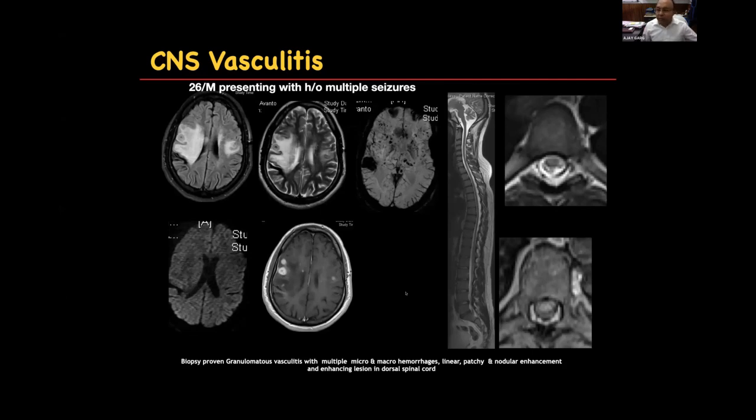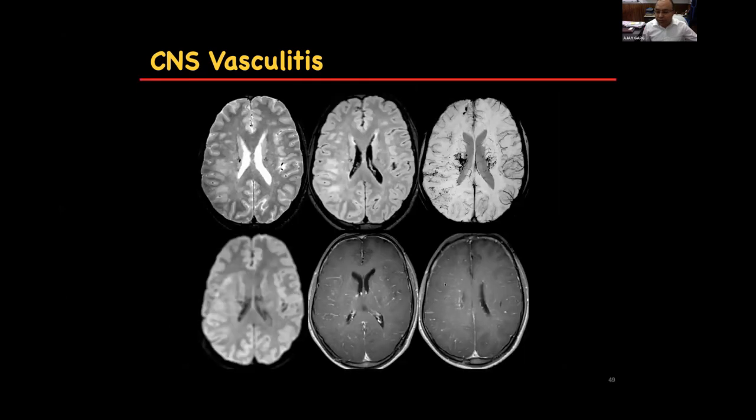And then you can have perivascular enhancement, like linear enhancement along the blood vessels, perivascular spaces. So these are different patterns of enhancement. You can have dot linear enhancement, perivascular enhancement, or nodular enhancement. But most of these lesions are in the white matter, mainly subcortical, with areas of hemorrhage on SWI.